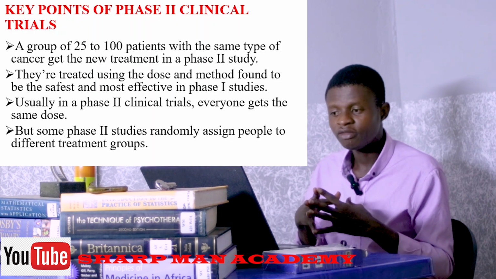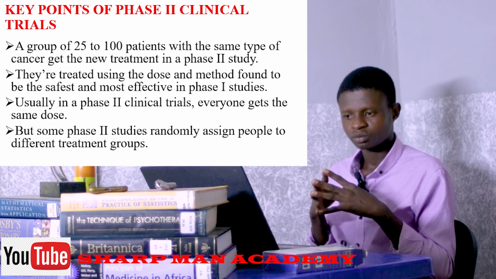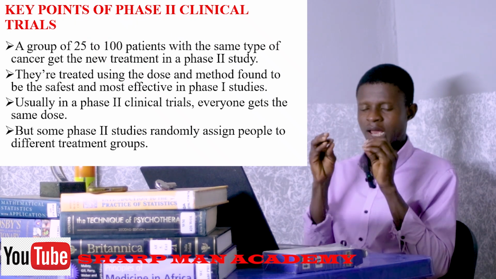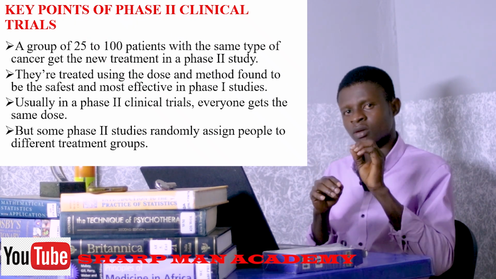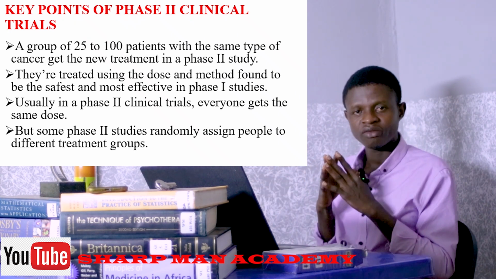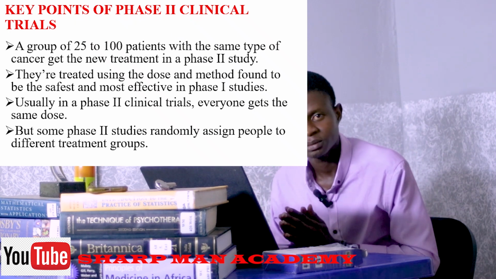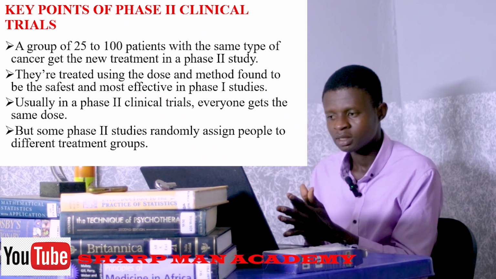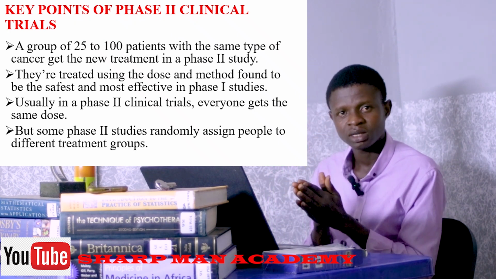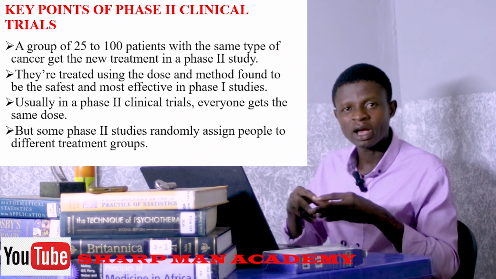And then usually in phase 2 clinical trial, everyone gets the same dose. When we are giving 1.5 ml, everybody will get 1.5 ml of the drug. You need to make sure that you give everybody the same thing, so that if there is a change or an improvement, you can attribute it to the treatment that you are giving to the people.